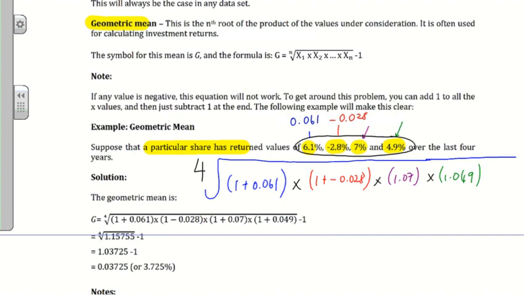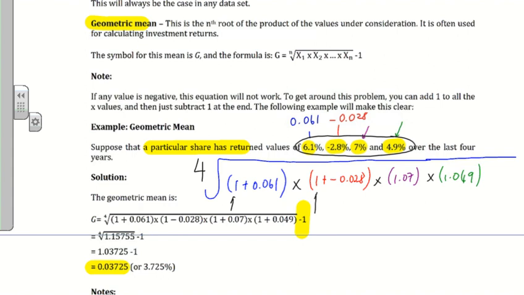Everybody comfortable? But remember, what have we done so far? In front of each of these items, we added a 1, didn't we? 1 plus 0.061. Don't forget at the end to do what, guys? Subtract a 1. And this is what we call the geometric mean, or geometric linking. And there's your 3.752%.